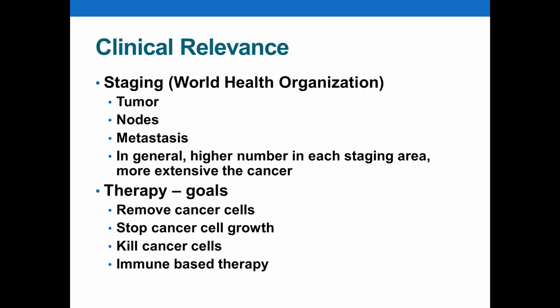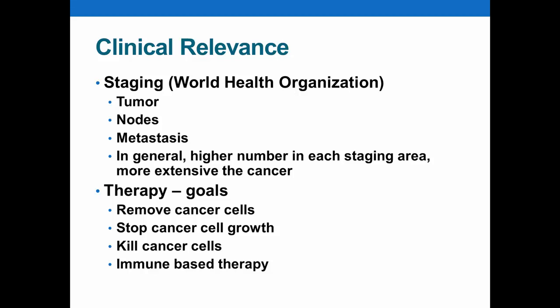So what does all of this metastasis stuff and all this cancer stuff mean clinically? Well, the clinical relevance, especially with metastasis and the growth of cancer cells in general, is to think about staging. The World Health Organization has a staging system, and you've seen this in your practice most likely.